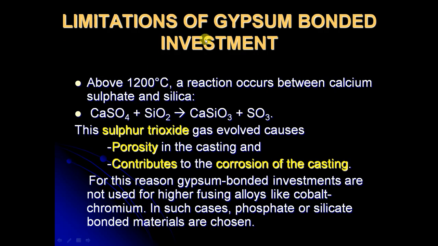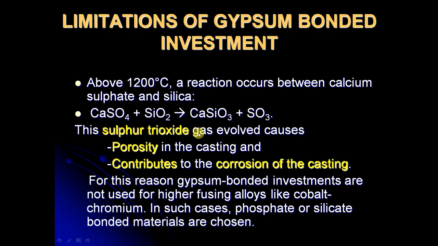Coming on to the limitations of the gypsum bonded investment. Above 1200 degrees Celsius, a reaction occurs between the calcium sulfate and silica, that is CaSO4 plus SiO2 leads to CaSiO3 and SO3, which is sulfur trioxide.